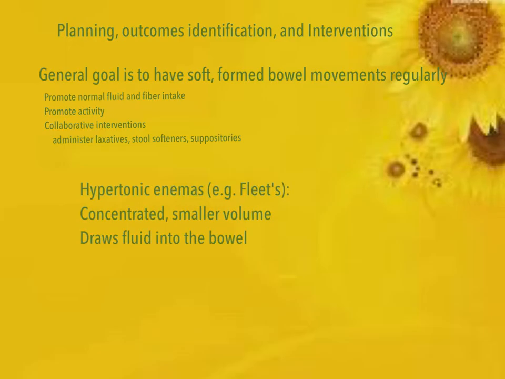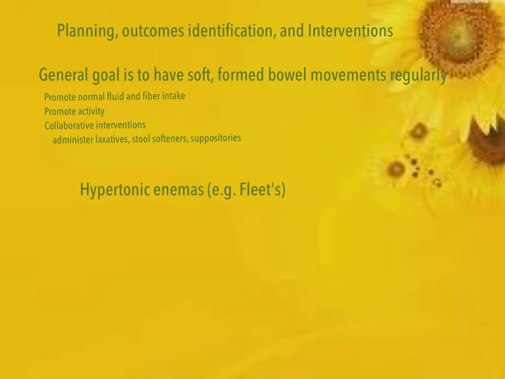Now we have other types of enemas. One of the types that you might be more familiar with are the hypertonic enemas, like your Fleets, and that's something that you'll see on a lot of units, more than you'll see the soap suds enemas right now. The way that a hypertonic enema works, it's very concentrated, it's smaller volume, so in itself it does not distend the colon, but what will happen is it draws fluid into the bowel.